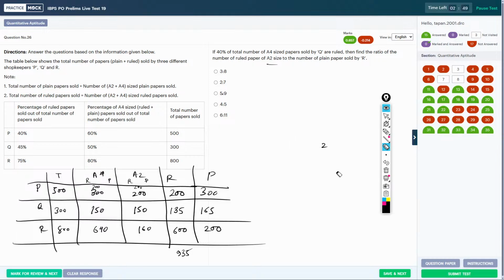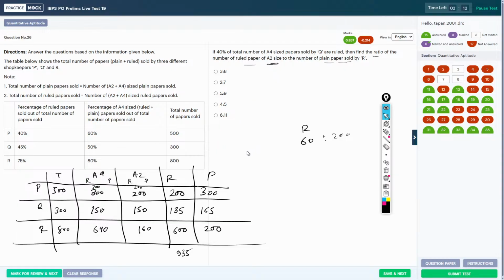And the next one is 40% of A4 size paper sold by Q are ruled. A4 40% ruled. Then find the ratio of the number of ruled paper of A2 to plain paper in R. Ruled in A2 to plain in R. So 3 to 10, plain in R, right? 40% papers are ruled.